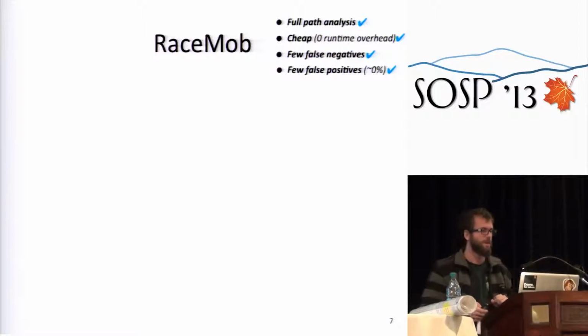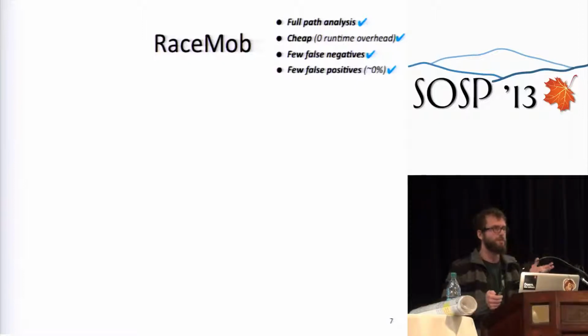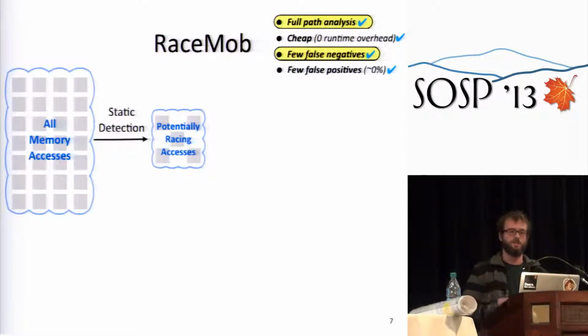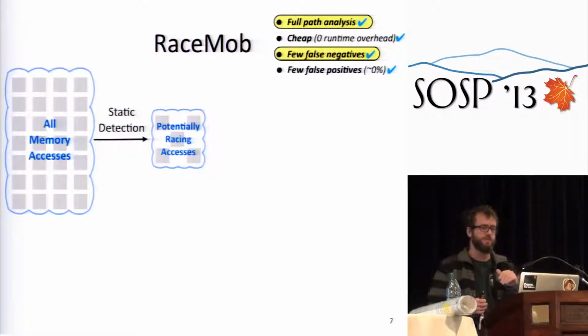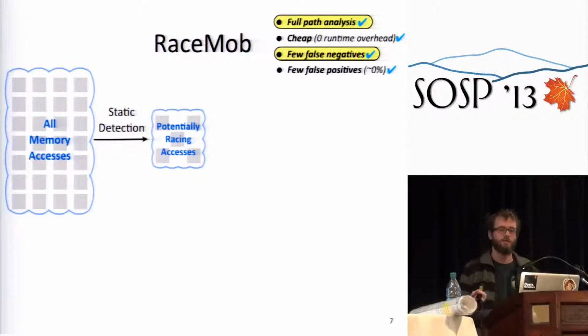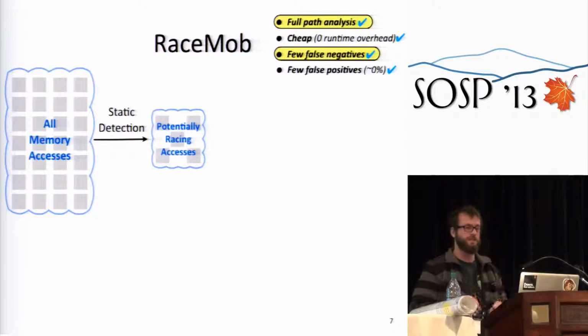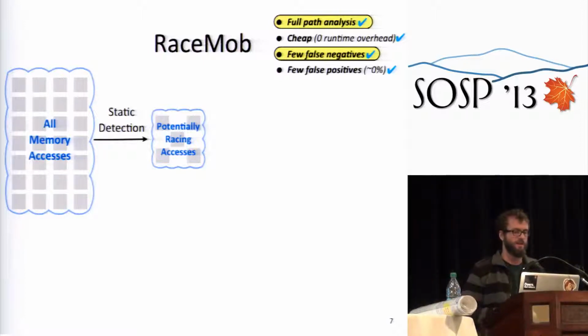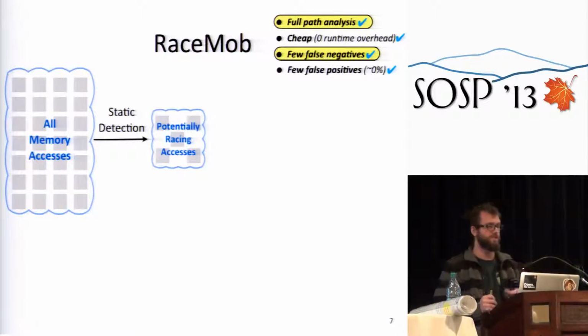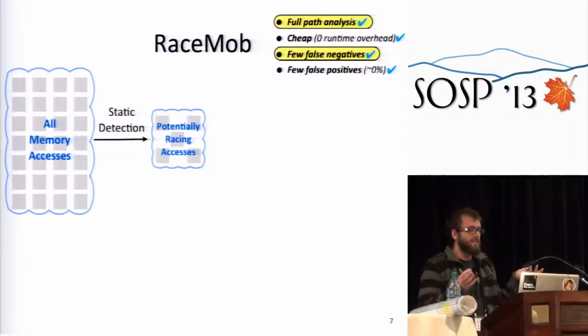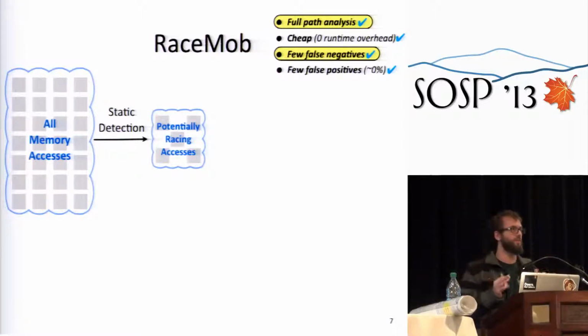To narrow down the set of all memory accesses in a program to those that are potentially racing, RaceMob uses static data race detection. This way, RaceMob analyzes the entire program, and therefore it has few false negatives and is nearly complete. Static detection detects potential data races because static detectors lack the necessary context to perform accurate data race detection.